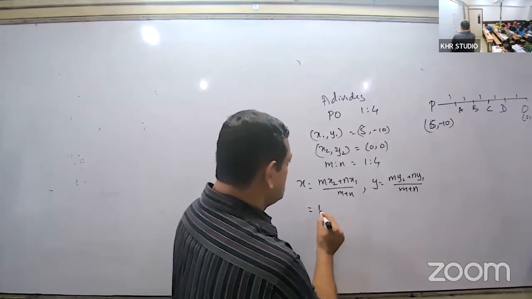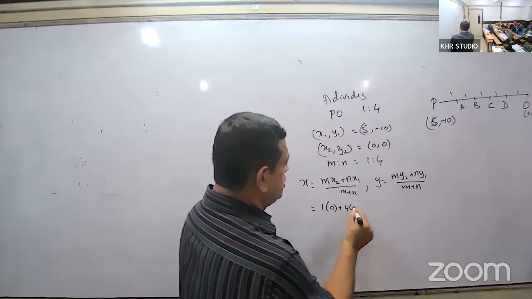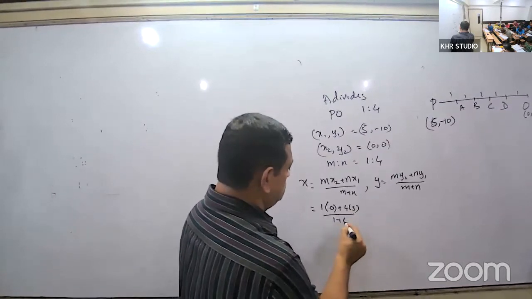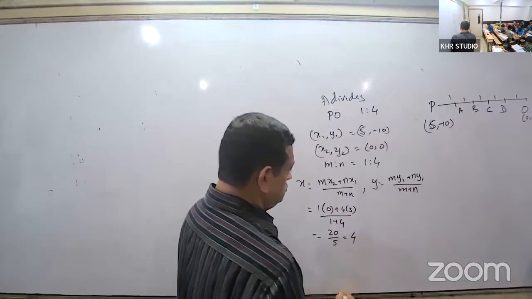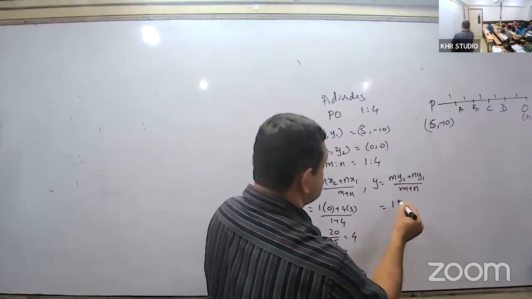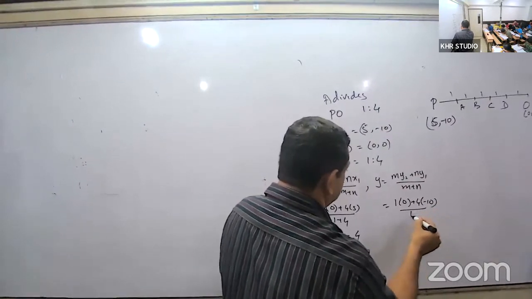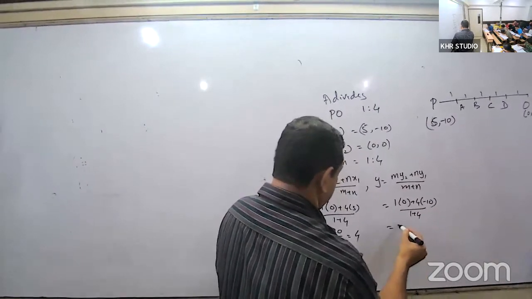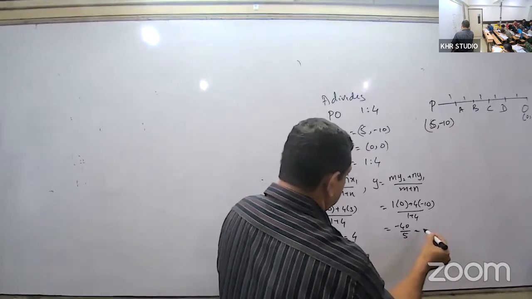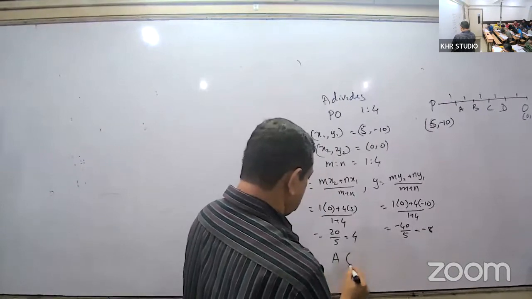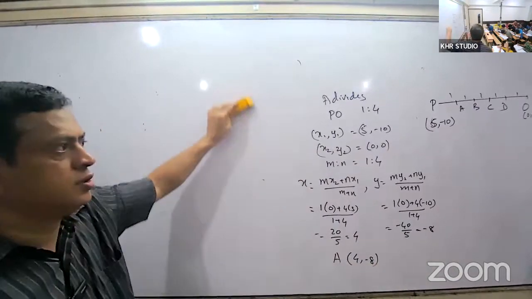One of them I'll do: 1 into 0 plus 4 into 5. A got 4 comma minus 8.